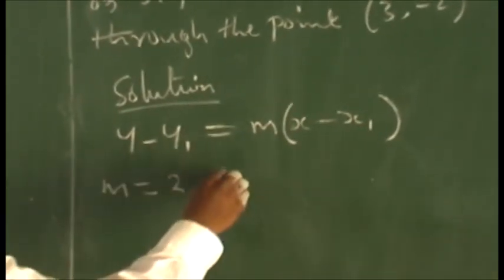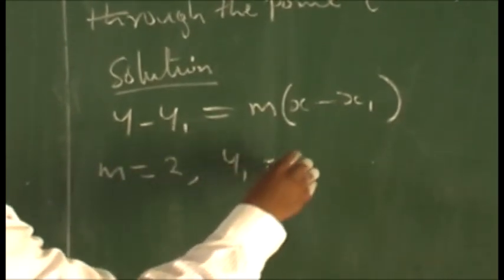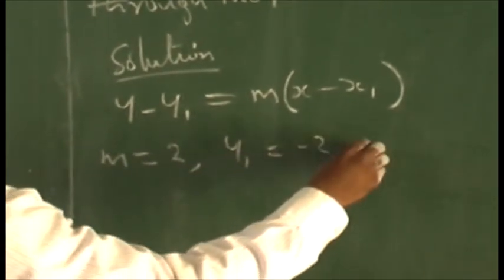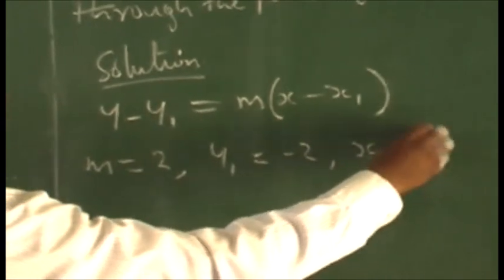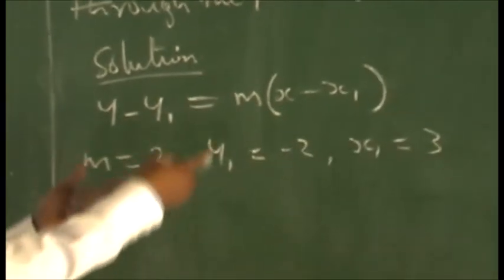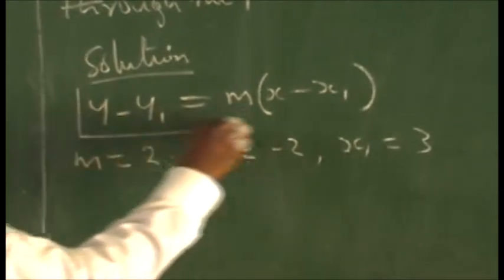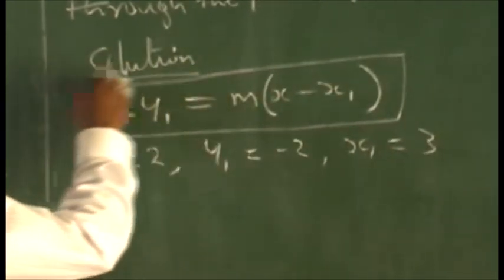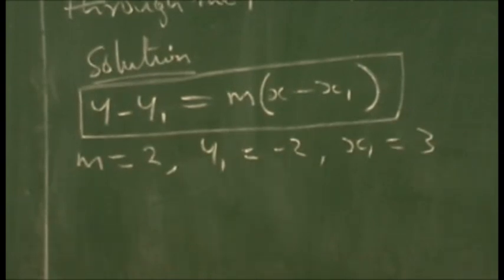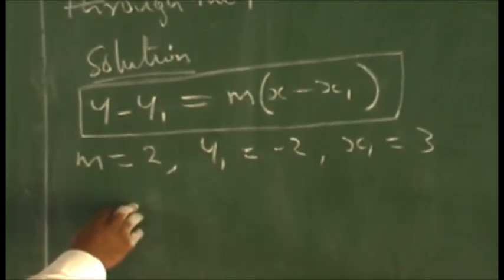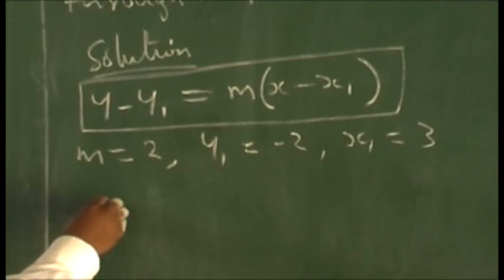And then we have y1 is equal to minus 2, and x1 is equal to 3. So we just fix this in this particular equation. Then we will have the equation of the line that we need.